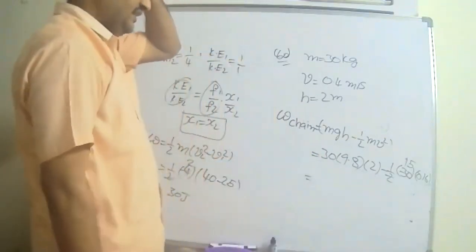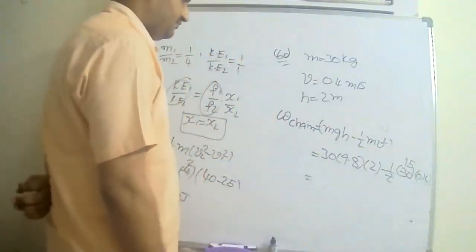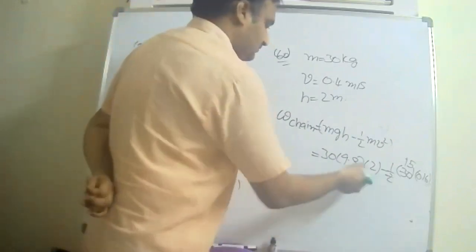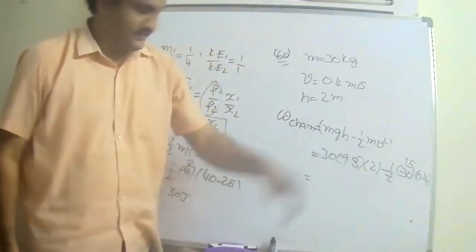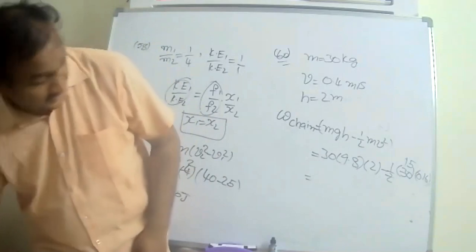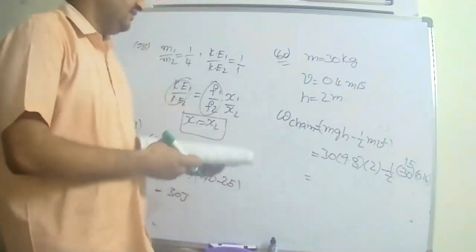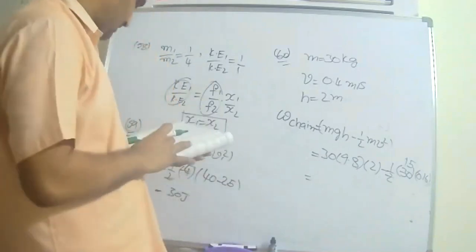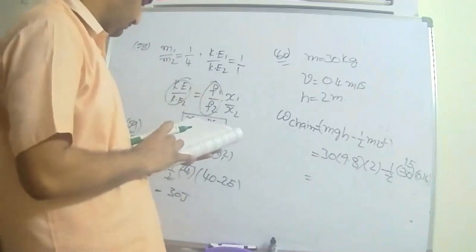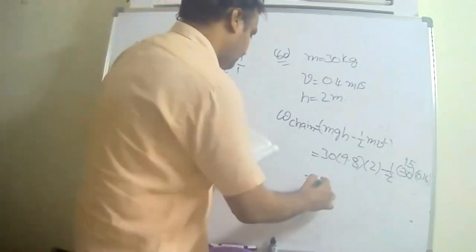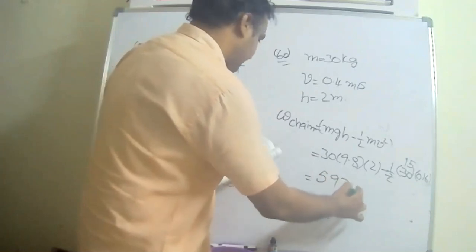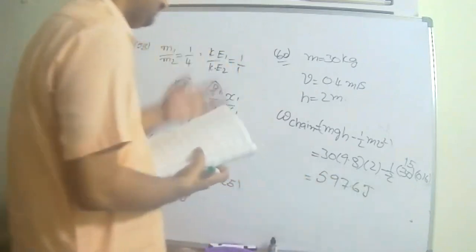So 600 approximately, and work done by chain is 597.6. Okay?